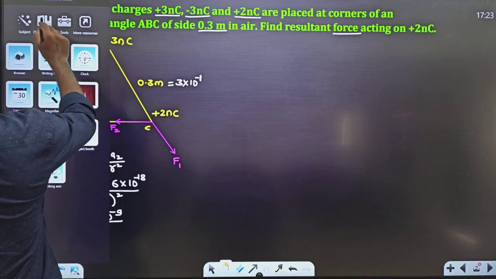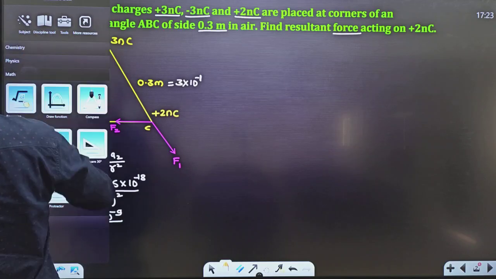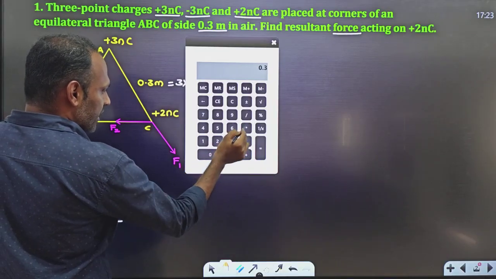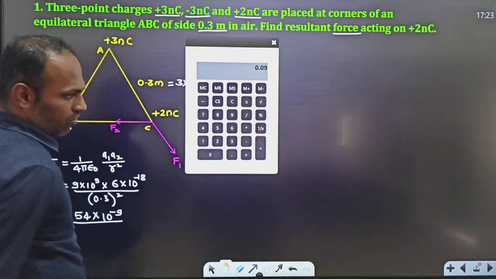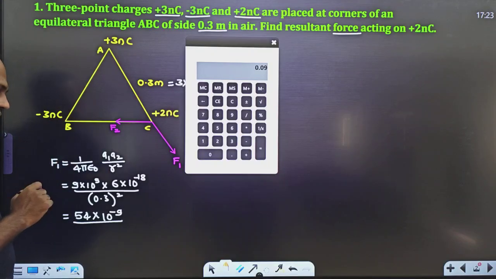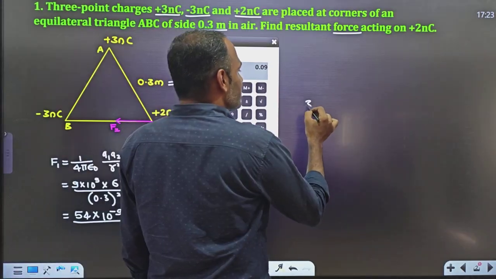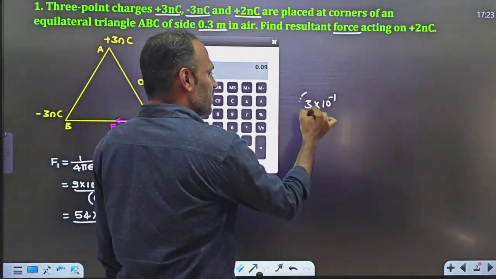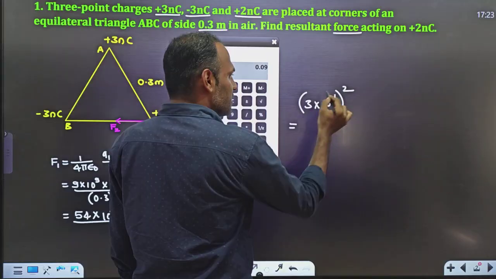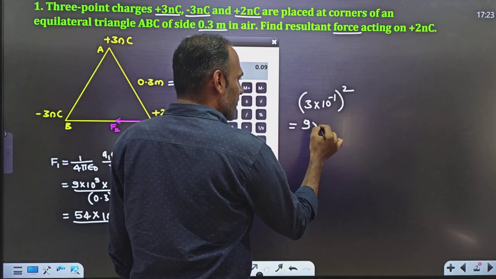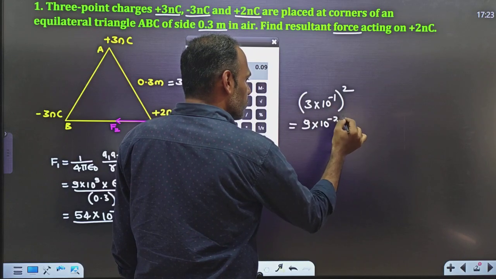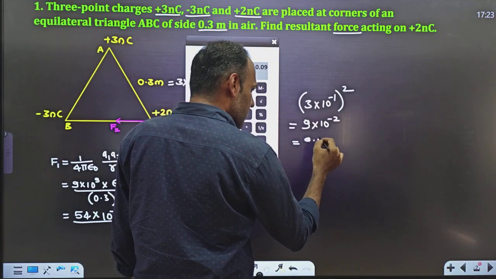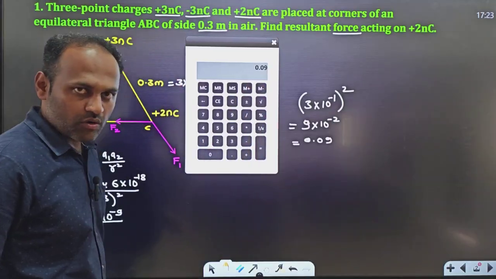Let us calculate: 0.3 into 0.3 is 0.09. What we had written earlier was 3 into 10 to the power minus 1. If we square it, 3 square is 9 and 10 to the power minus 1 squared is 10 to the power minus 2. So 9 into 10 to the power minus 2 is 0.09 only. The same thing we have got.